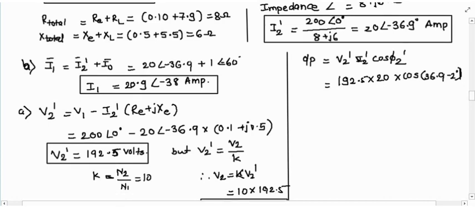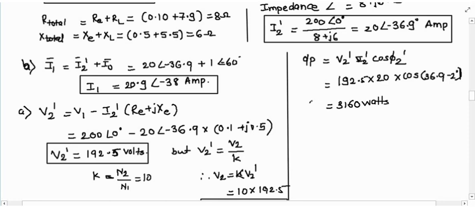This is the angle of I1. And what is my I0? This is nothing but this angle, means 30, this angle. Okay. So you will get this as 3160 watts.